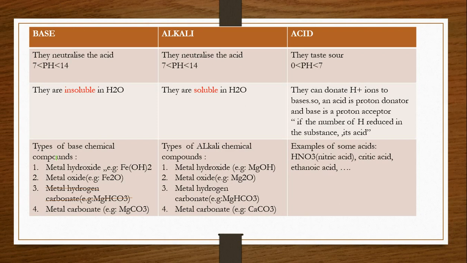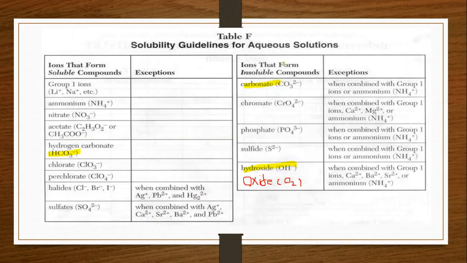For example, there is metal hydroxide. We say if you see a metal hydroxide, it's a base, but not always. Why? Because when I refer to this table, I see hydroxide is insoluble. But there is an exception for hydroxide.